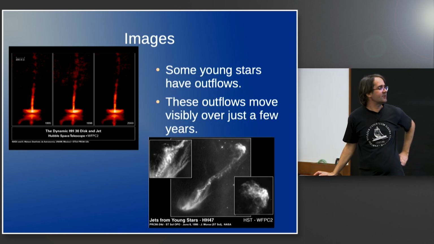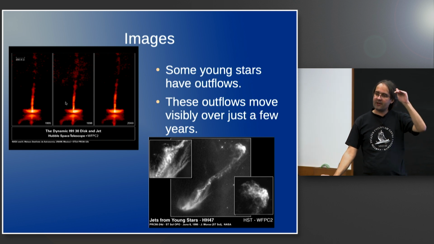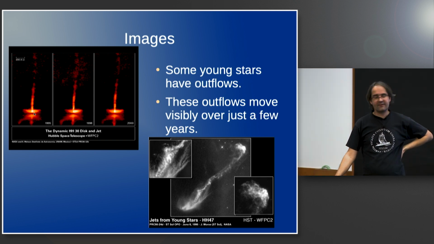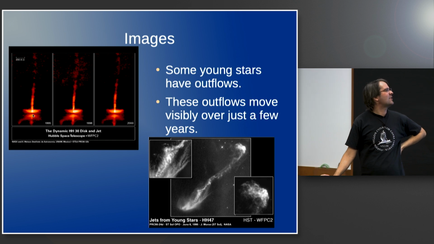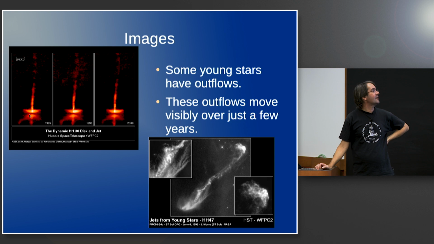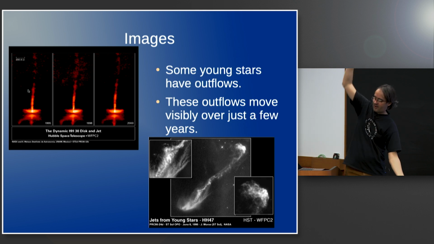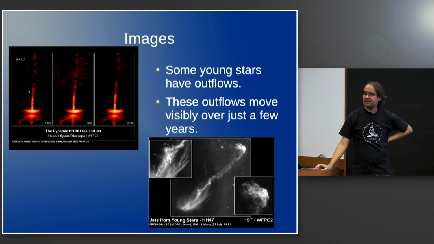Okay, here are a couple more images. Here are images of jets. I already talked about proper motion, where you see things move on the sky. This is the famous star called HH 30. The star's in the middle, you see the disk on the side again, and then you have this jet, this really collimated stream of stuff going up and down. Here we can measure how fast it's going out from the star, because we have pictures from 1995, 1998, and 2000.